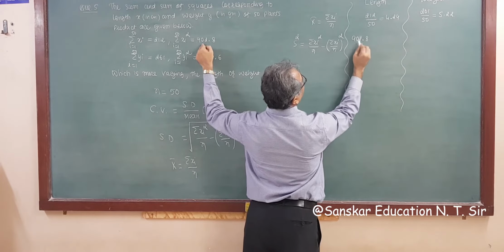But we have to divide by 1000, because the 8 has one decimal point, so we put three decimal points, that is 18.056. Got it? Now 4.24 whole square.